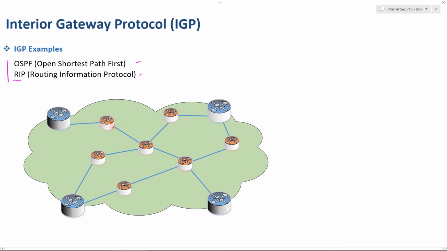And those are the protocols running inside the internal routers. So the information collected from outside will be fed into this routing protocol, and the routing protocol is going to help these routers set up their routing directions.